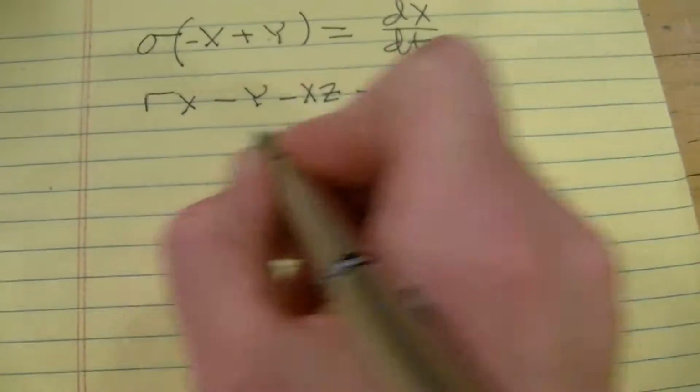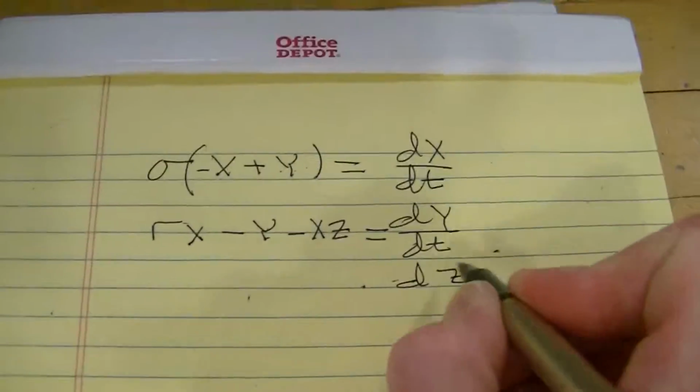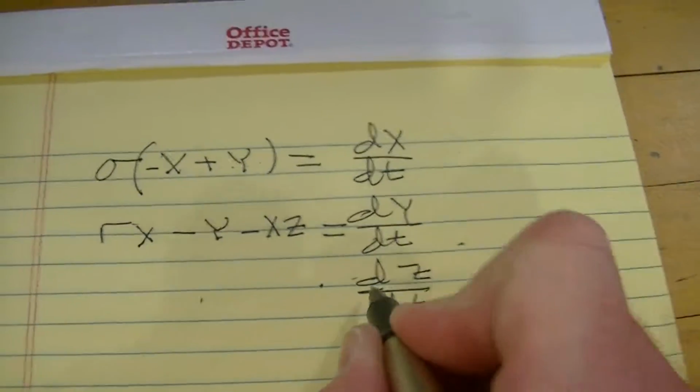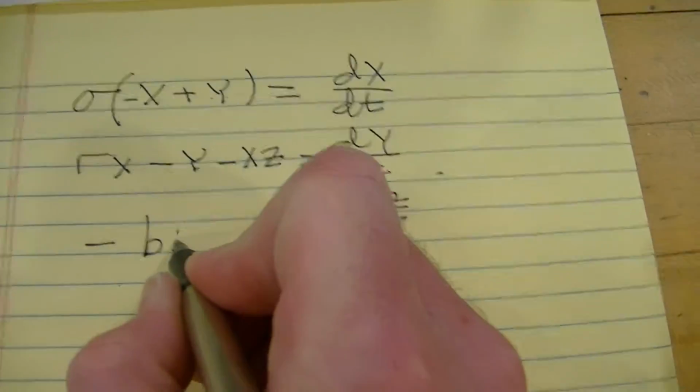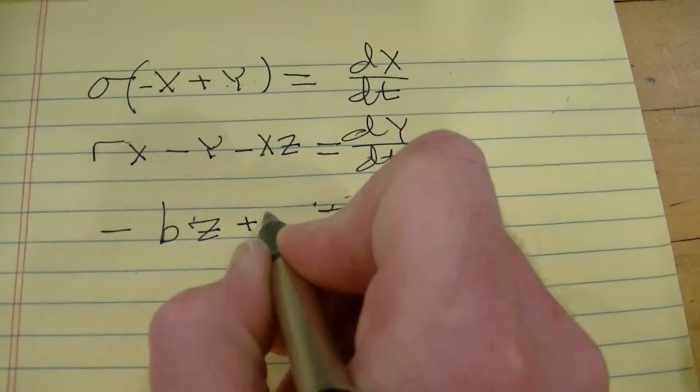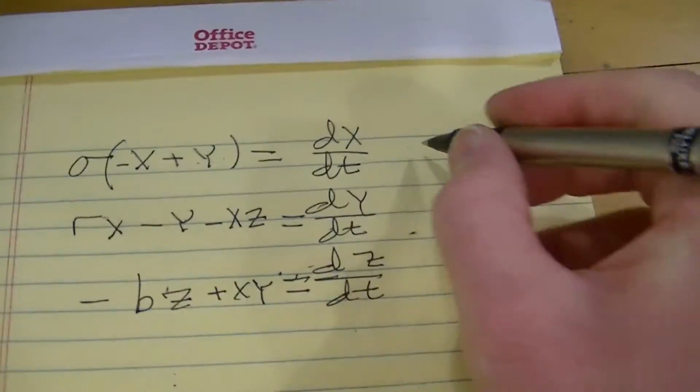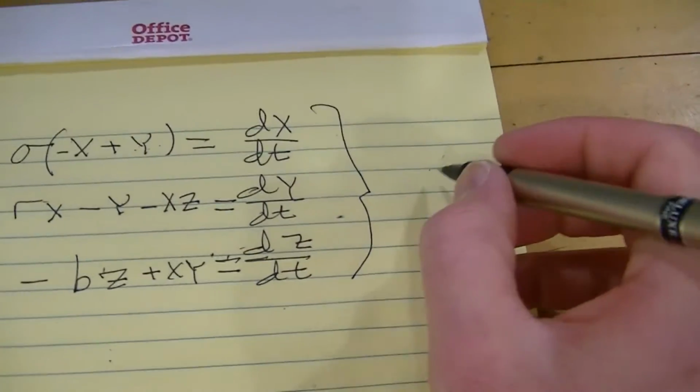And dz/dt is going to equal negative bz plus xy. So it's these three equations.